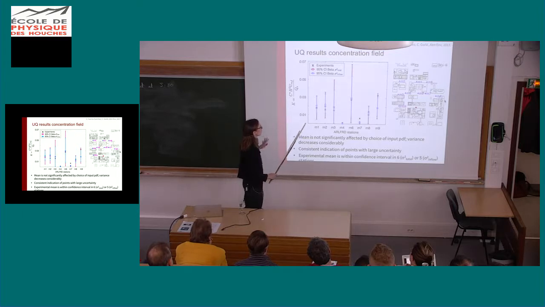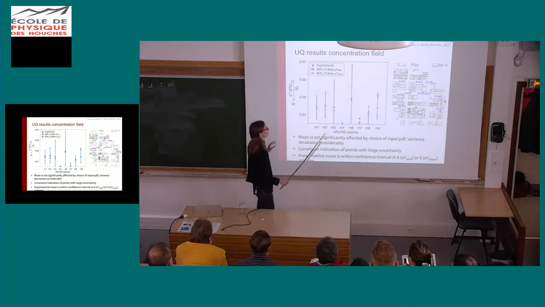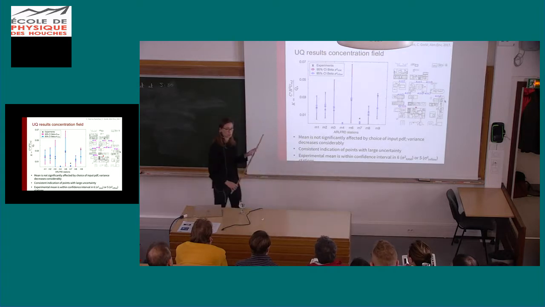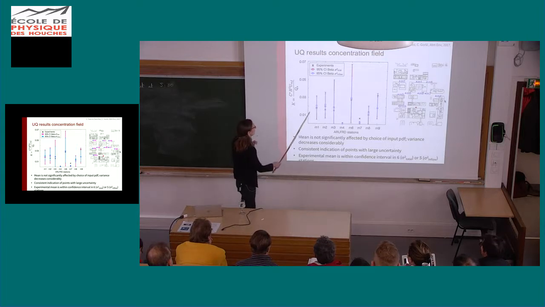Okay, so first of all, I was super happy seeing these results because I ran a deterministic simulation for this during my PhD, trying to match this, and I never even attempted to publish that because the result was so bad, right? So here you see that we actually get a pretty good prediction of that mean concentration.